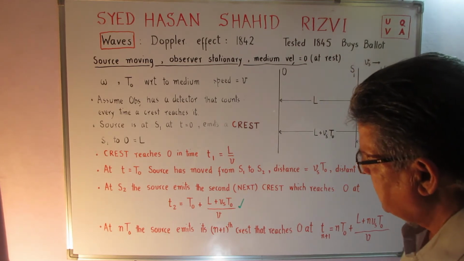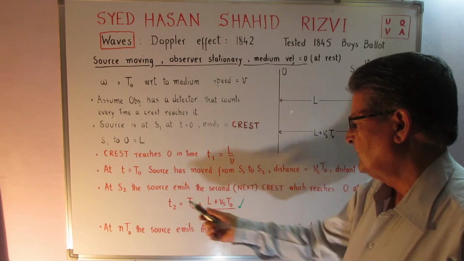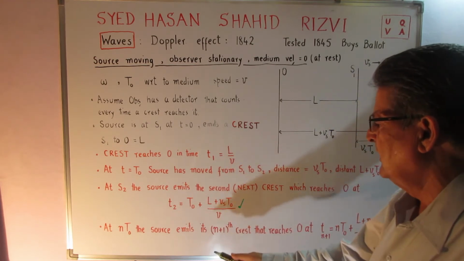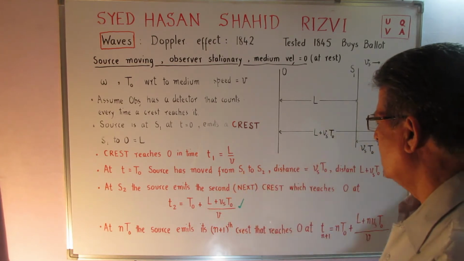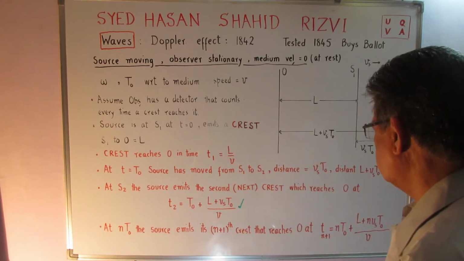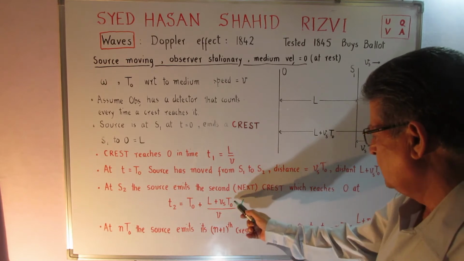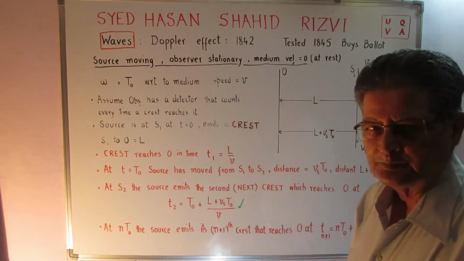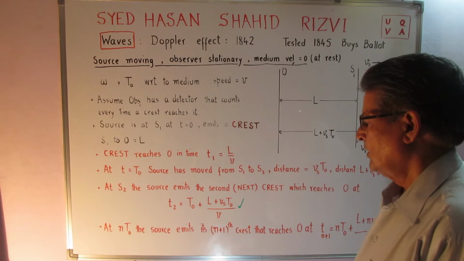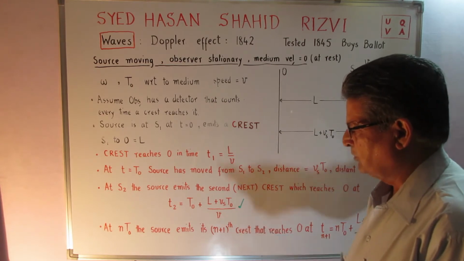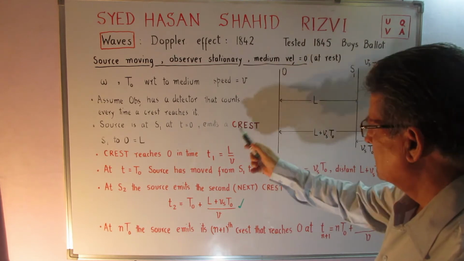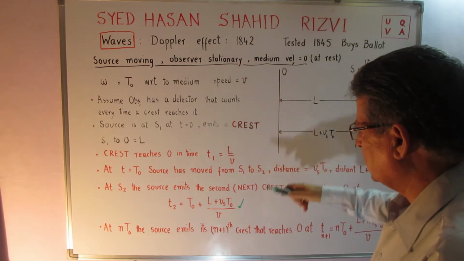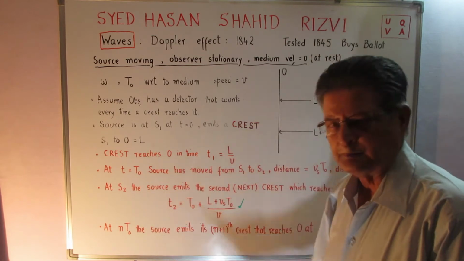So next we can have a time t3 which is equal to 2 T naught plus (L plus 2 Vs T naught) divided by v, because the distance traveled now becomes more. So that way, crest number 1, crest number 2, crest number 3, up to crest number n.